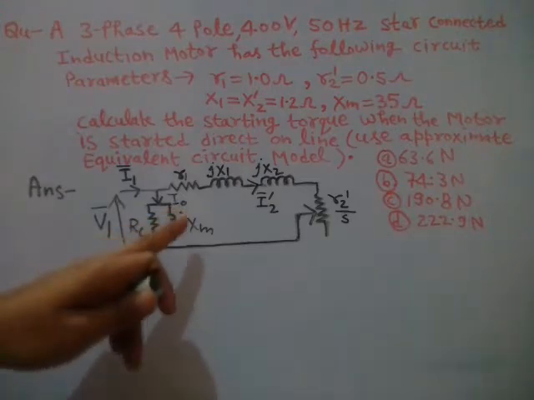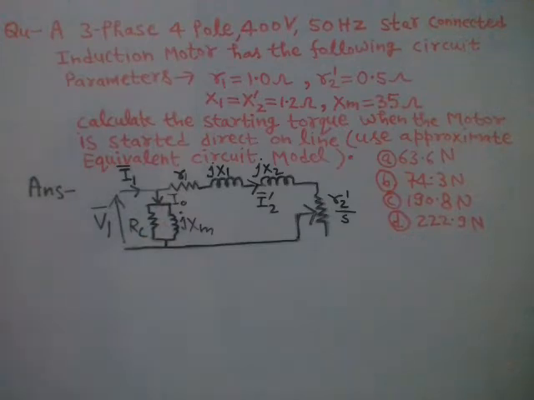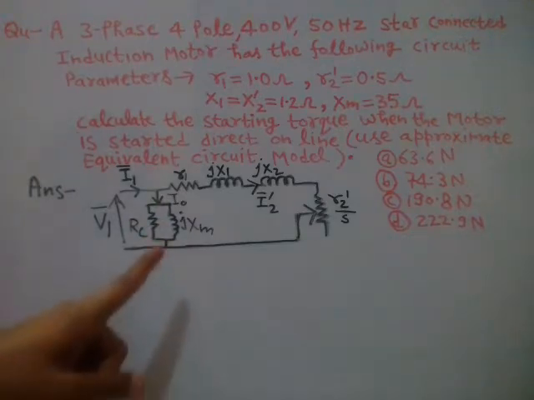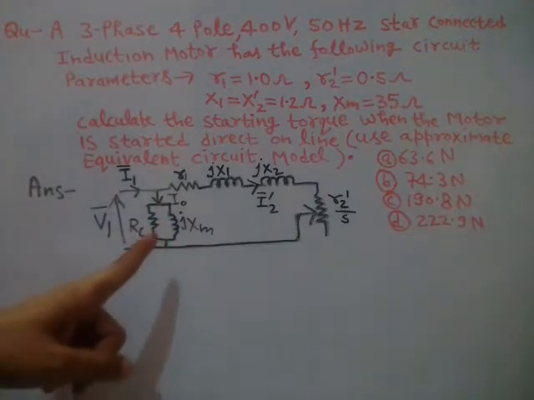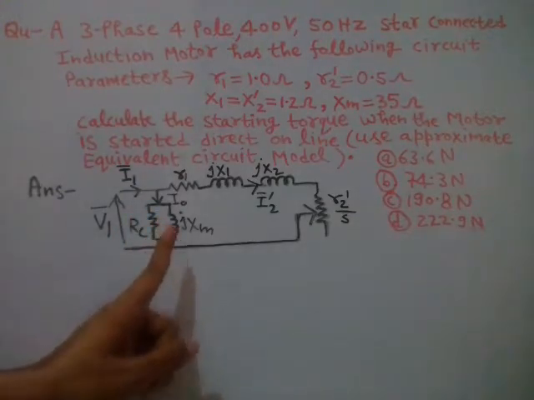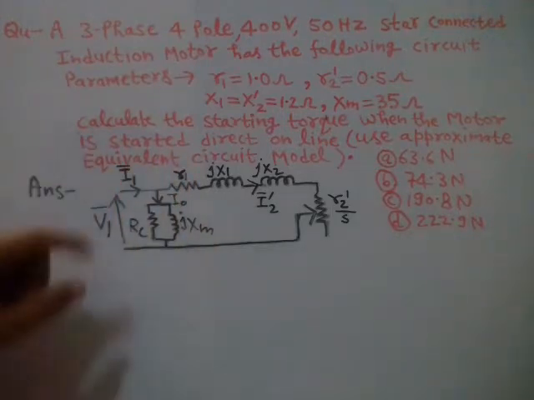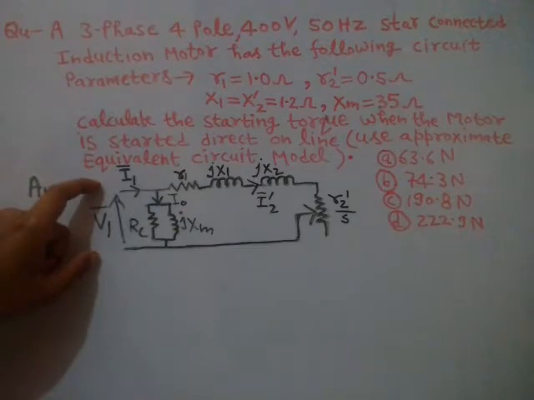So this is basically the approximate equivalent circuit model. Why approximate? Because we have shifted the shunt branch towards the supply side. V1 is the applied voltage, that is basically supply voltage.